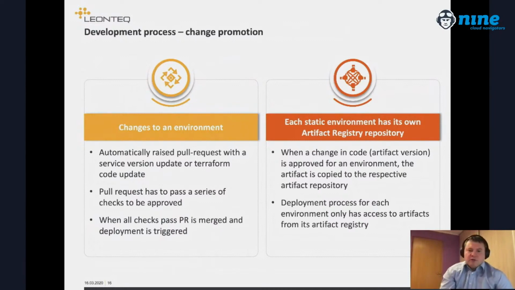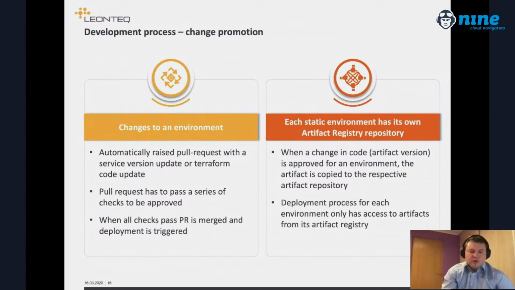What we found out, the easiest for us was to create a new artifact registry repository for every environment where we want some code to be deployed. And then we set it up in a way that the deployment job for an environment can only deploy code which is in the repository which it owns.